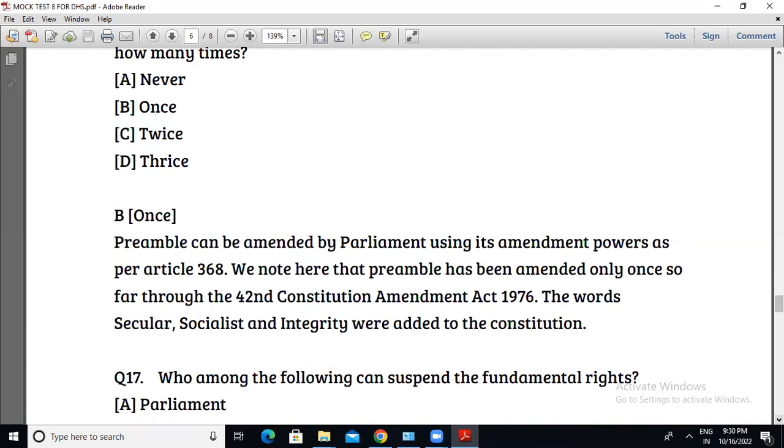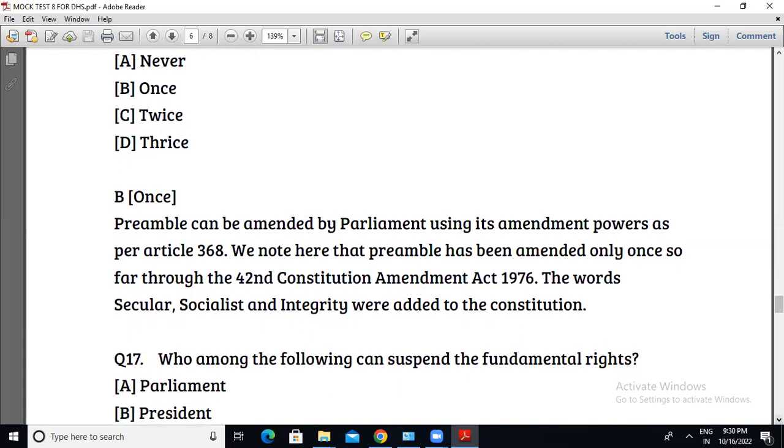We note here that the preamble has been amended only once so far through the 42nd Constitutional Amendment Act in 1976. The words secular, socialist, and integrity were added to the Constitution.